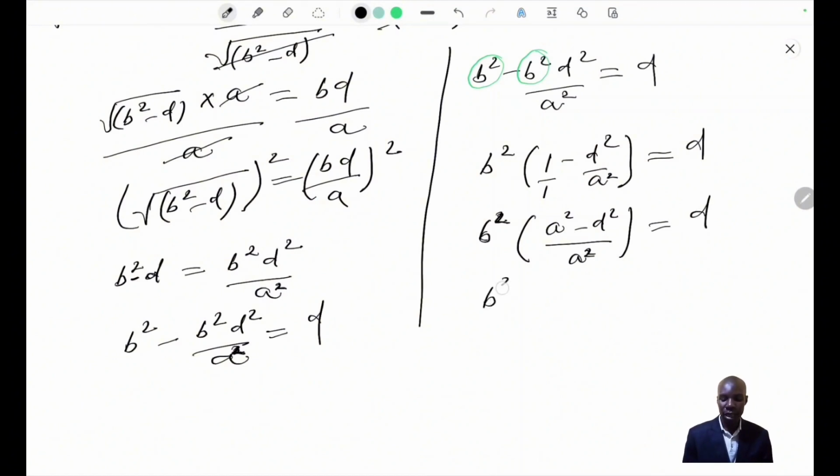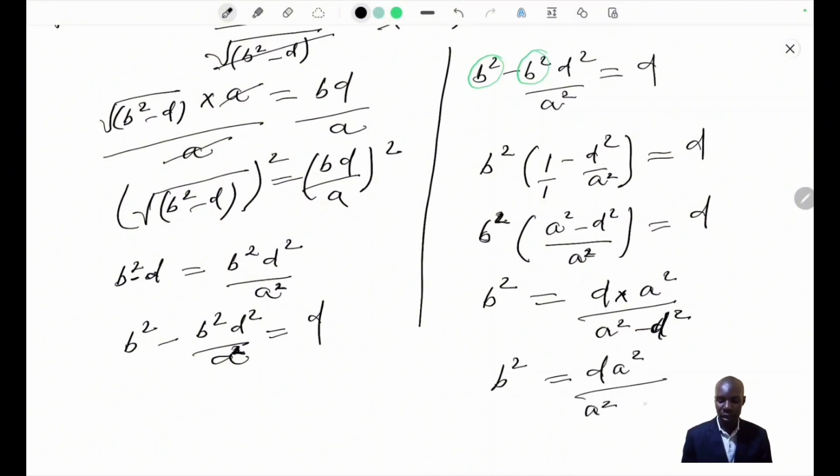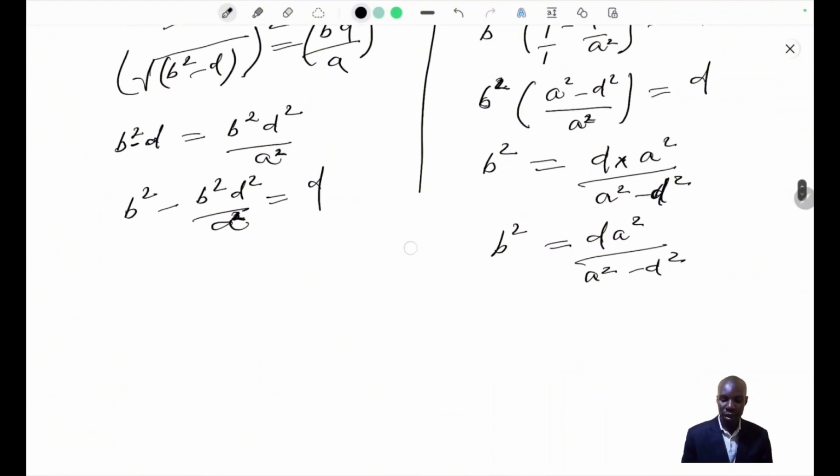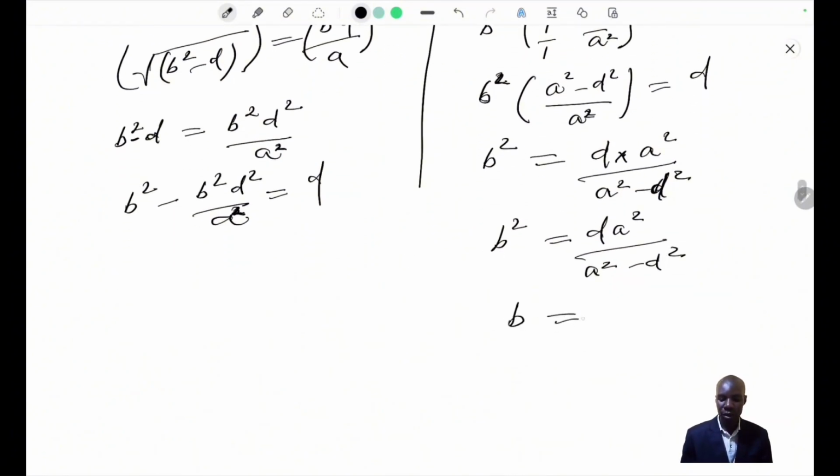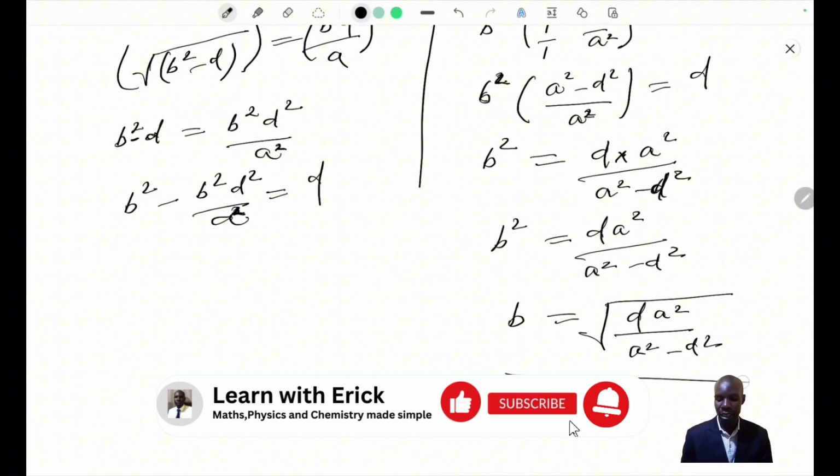So b squared alone should be equals to d times a squared, everything over a squared minus d squared. So b alone is now equals to root of d a squared over a squared minus d squared, like that.